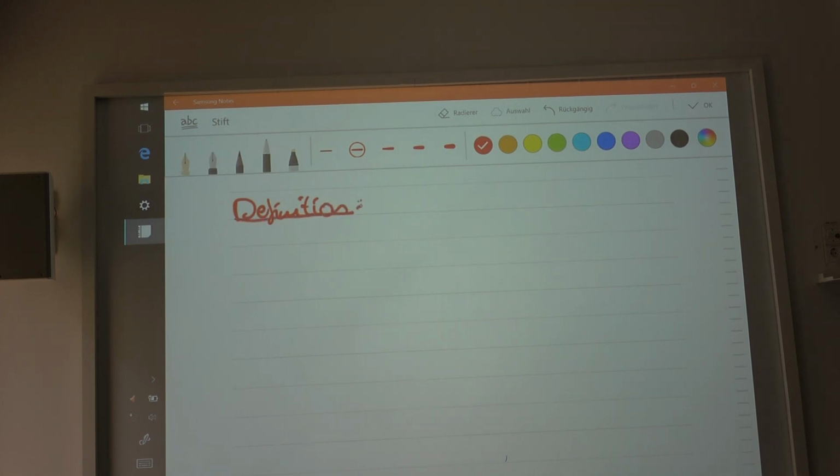So why is the concept of bijectivity so important?